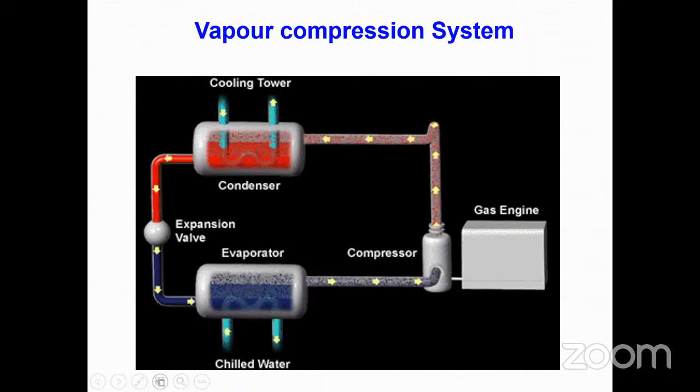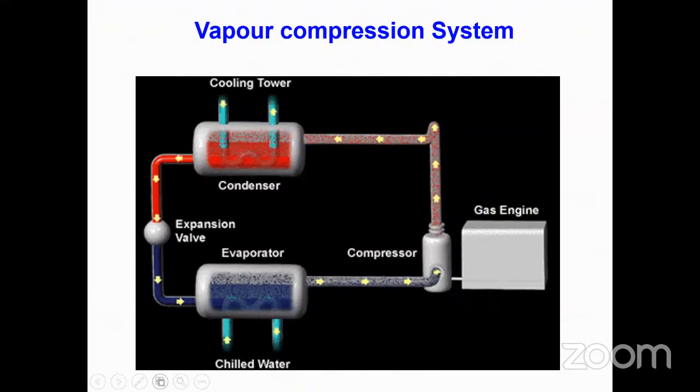This system is called a water cooled system. Then the high pressure, low temperature liquid is exposed to the expansion valve, which expands it to low temperature, low pressure, and it goes to the evaporator.